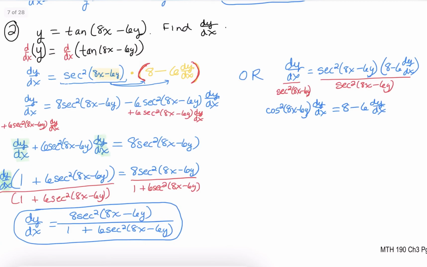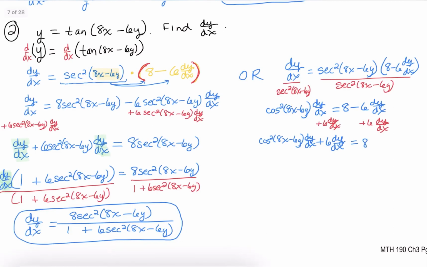And so now you can add that 6 dy dx term over to the left-hand side. And then you're going to have your 2 dy dx terms on the left-hand side. And by doing that, of course, we get to do the factoring out of our dy dx.